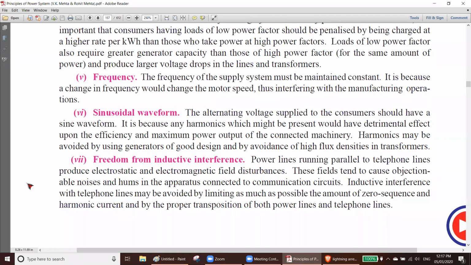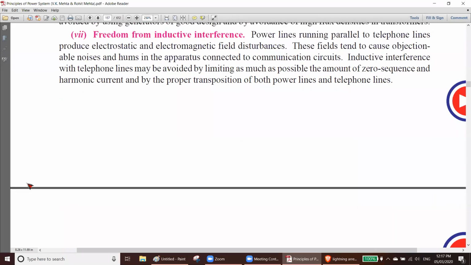It should be a pure sine wave, otherwise your machine will be damaged. Your machines are designed for pure sine wave. That means if you do not supply pure sine wave, your machine will be damaged after some time. Freedom from inductive interference, obviously your power should not cause inductive interference.